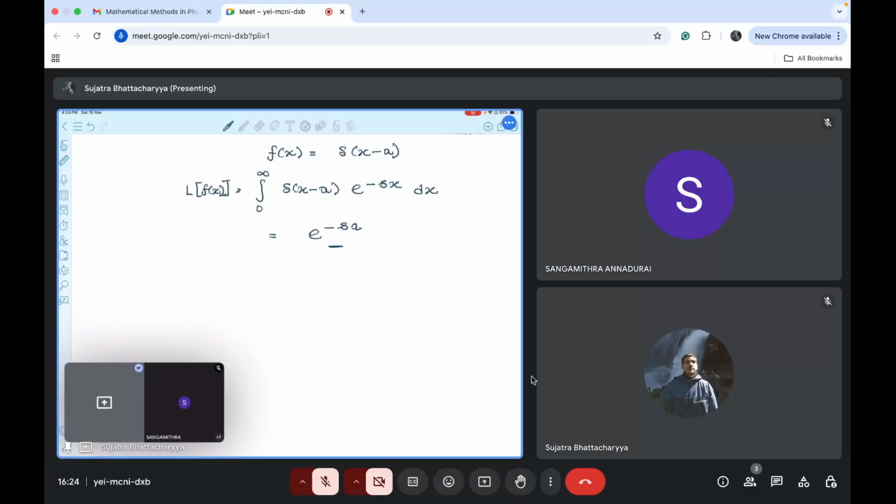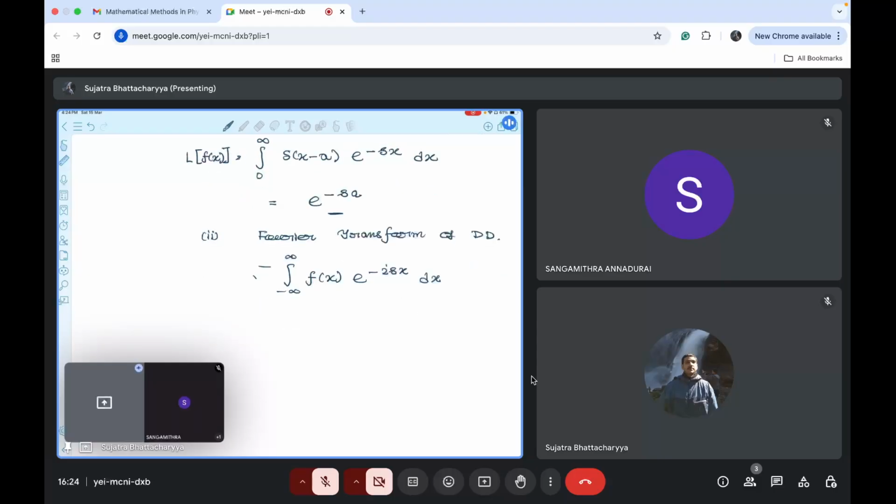Very simple. Similarly, the Fourier transform of Dirac delta. So what is that? The Fourier transform, we know, is the integral from minus infinity to infinity. You can put root 2 by pi or something, that's not important. f of x e to the power minus iota s x dx. This is the Fourier transform definition.